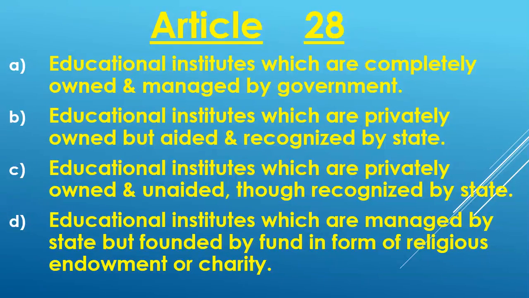So friends, the second category, or B, is educational institutes which are privately owned but aided and recognized by the state. Now what does it mean? It means that all the educational institutions which are owned by any private individual, means government does not have the ownership of these institutions.